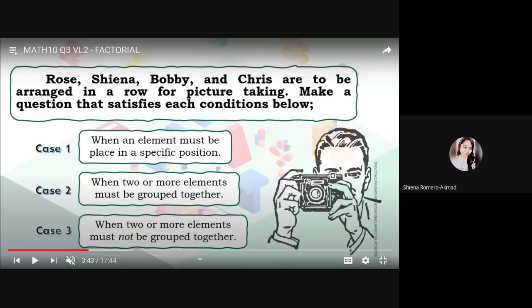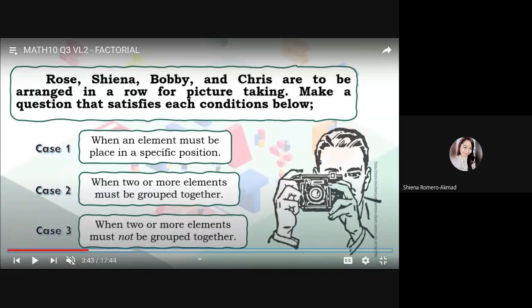Sabihin mo lang, ayaw nila magtabi. Ayaw nila magkasama. Torres? Rose and Bobby must not sit together, or must not be grouped together. They don't want to sit together.